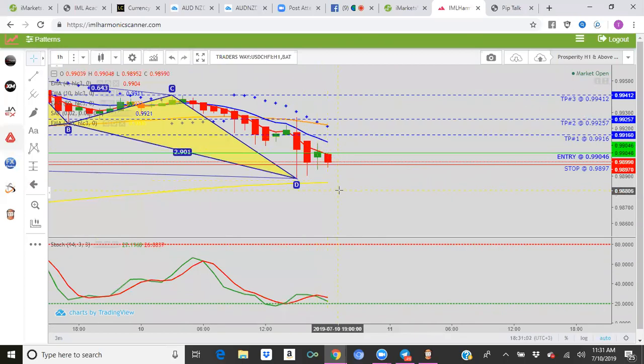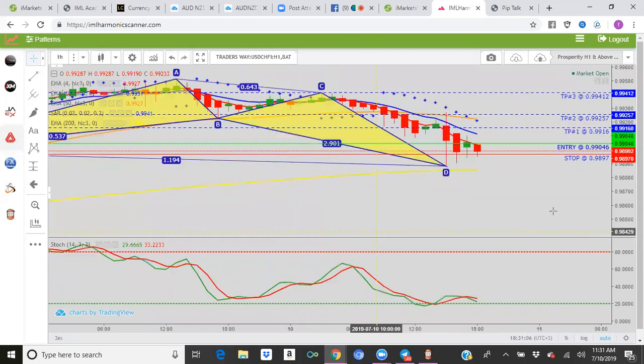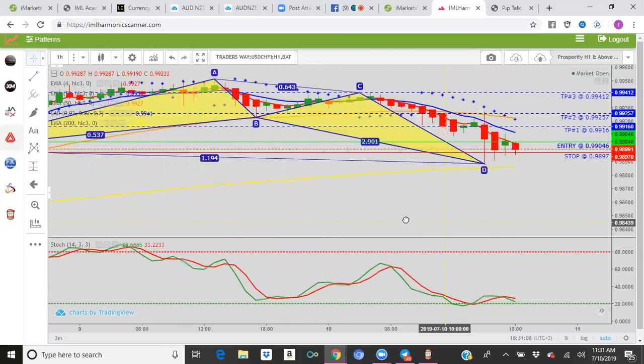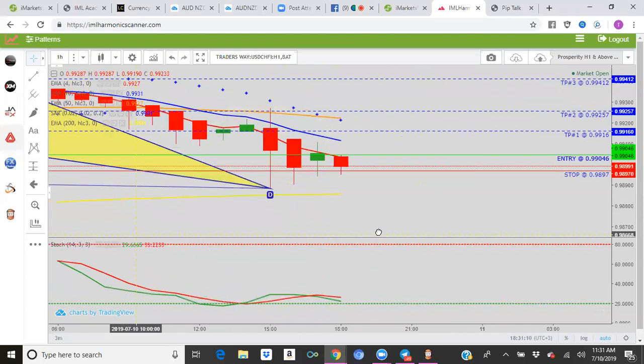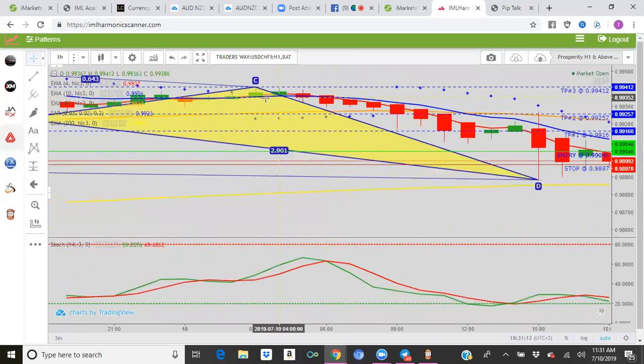So the third thing we're looking for: did our moving averages cross? So what do I mean by did our moving averages cross? Let's go ahead and take a look. You look up here, you see how the blue line was at the bottom and the red line was on top? Well, up in this area here, they switched positions. Now the blue line is on top and the red line is on the bottom.